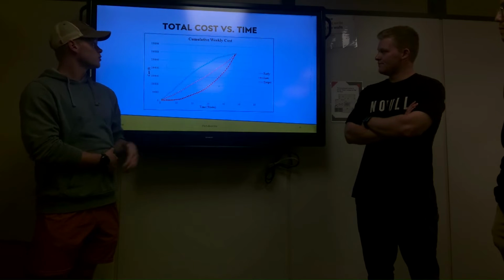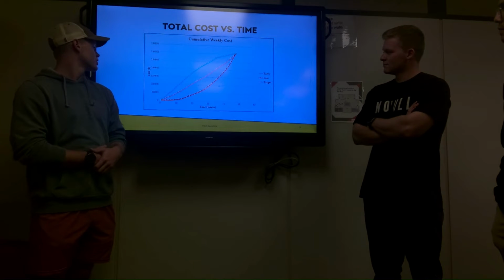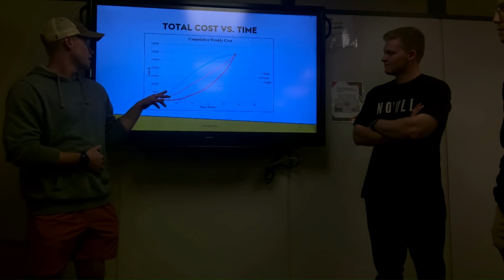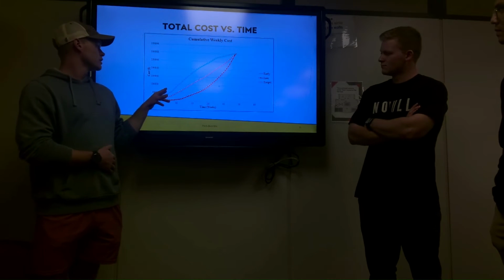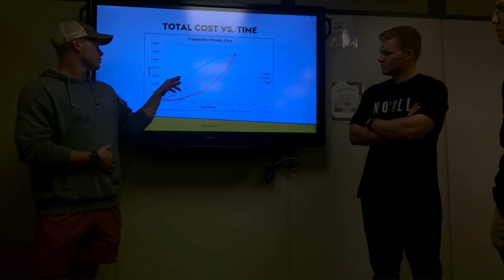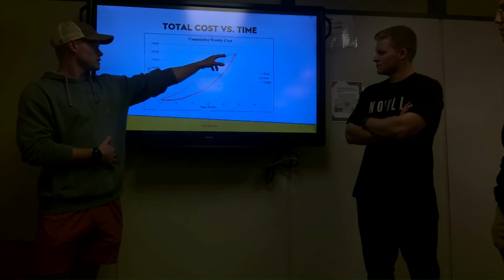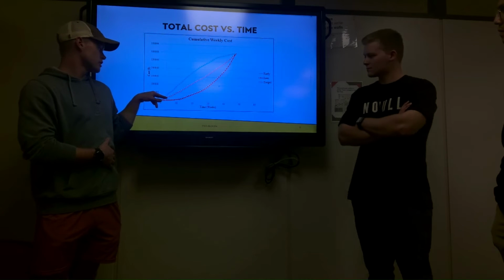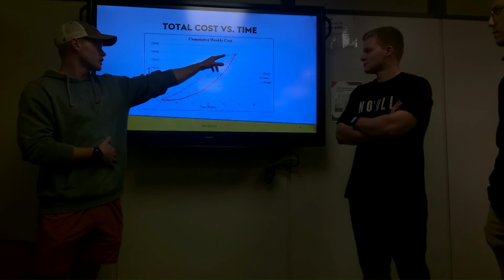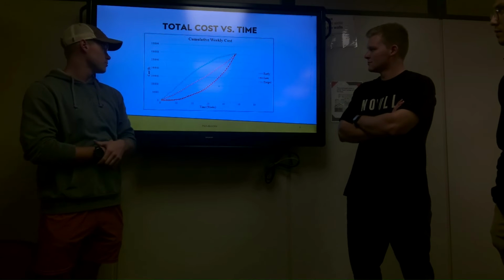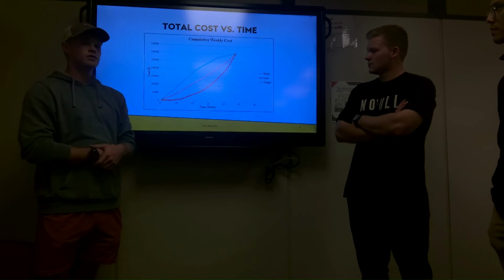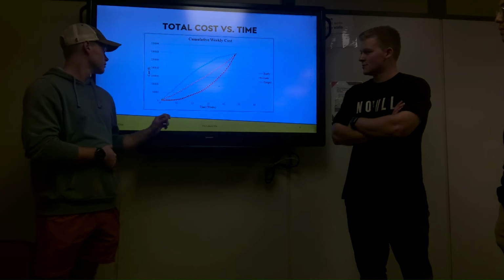And then here's the total cost versus time, which is just the total of the last slide. Again, early start starts out a little hotter, then ends up a little flatter, whereas the late start starts out flat, then works its way up. But they end up at the same price, so it's just the difference between the early and the late.